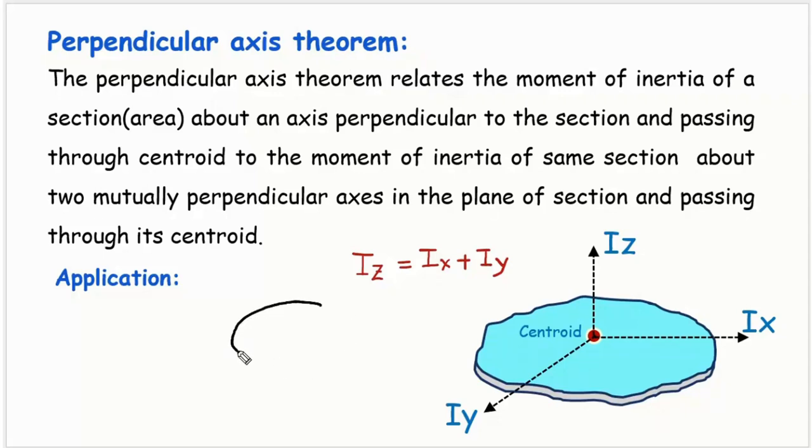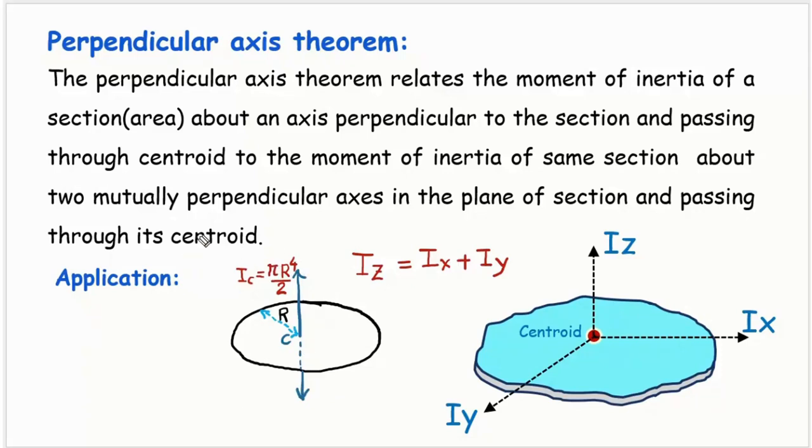So if I take a circular section like this, the moment of inertia of the circular section about an axis perpendicular to its plane and passing through its centroid, we can say this C is the centroid of the section, is called the polar moment of inertia, and this is given by pi r raised to 4 by 2. Okay, so r is the radius of the circular section.